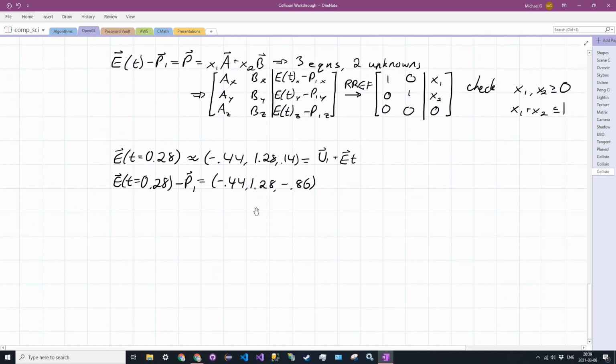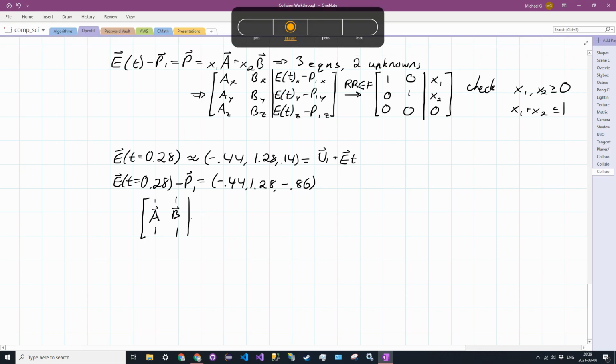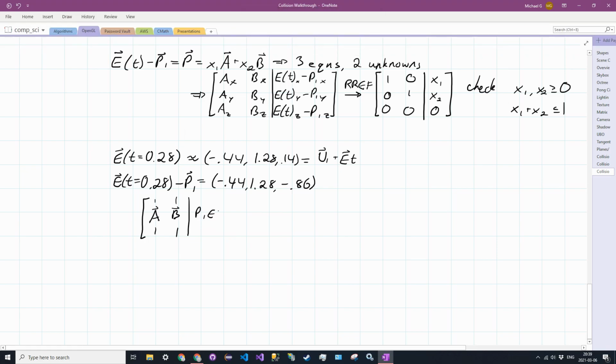And then we plug it into the matrix. So A, B, and I'll call this P1 E at T, the vector there.